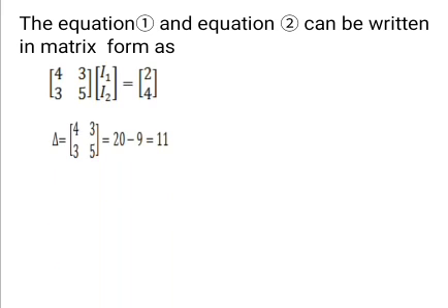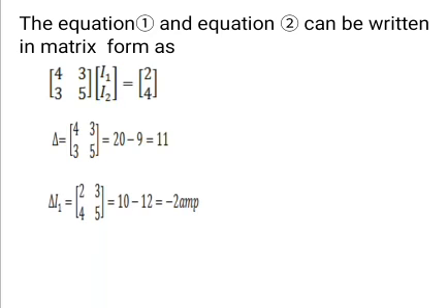Let delta be the determinant of the coefficient matrix of the above system. That means the determinant of the given matrix, delta, 4 into 5, 5 4s are 20, minus 3 3s are 9. 20 minus 9 equals 11. Let delta I1 be the determinant of the matrix formed by replacing the first column.